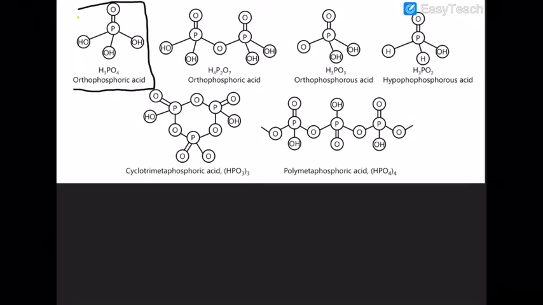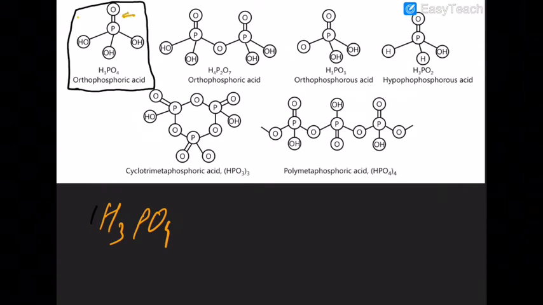Look at H3PO4. There is one bond, that is phosphorus oxygen double bond, and there are 1, 2, 3 OH linkages. 3 OH linkages are there.